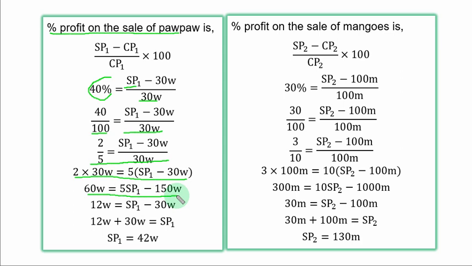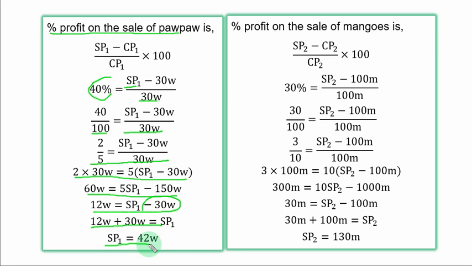Collect like terms. First, you divide through by 5 because 5 is common, and you have 12W equal to SP1 minus 30W. If you collect like terms, you transfer this to the left hand side and you have 12W plus 30W equal to SP1. So SP1 is equal to 42W.